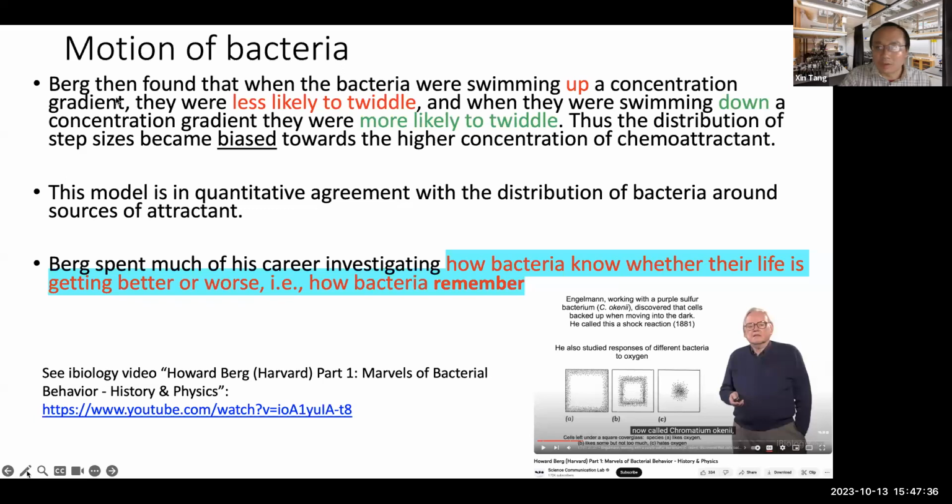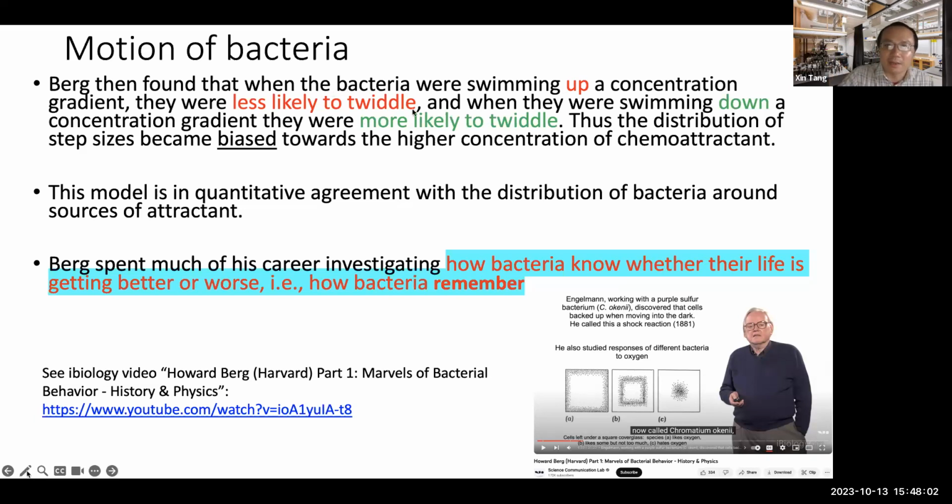Now, more about what Howard discovered: he also found that when the bacteria swim up a concentration gradient, they were less likely to tumble, because the food is in front of them, and as they swim, the concentration of the food becomes stronger and stronger. They are going up the gradient, right?